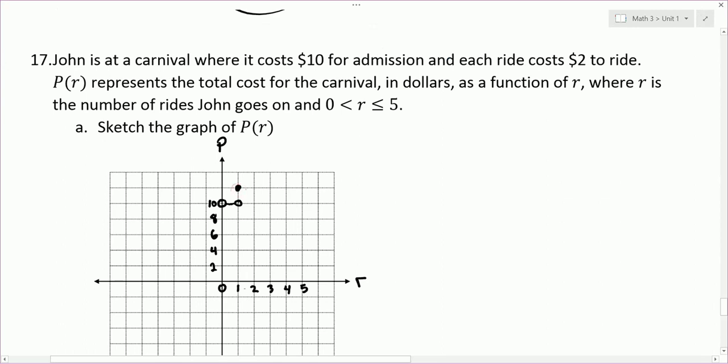So again, between 1 and 2, you're paying only $12. But once you get to the 2, you're paying an additional $2. And then it's repeated. Jumps another 2. This is at 12. It's at 14. This is up here at 16.